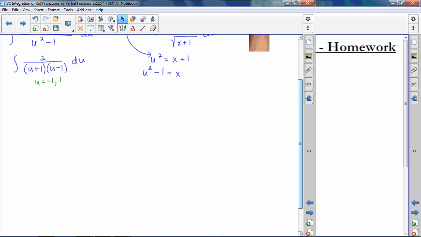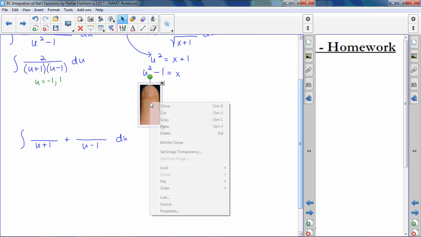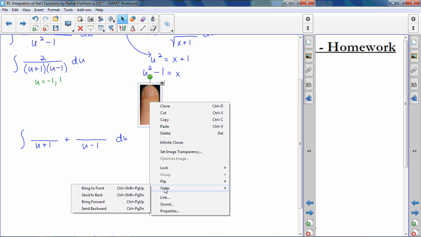All right, so we're going to set these two up. u plus 1 is going to be underneath, and then u minus 1 will be underneath this one. And we're going to bring this guy to the front.